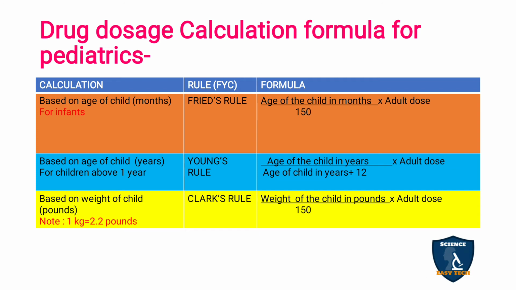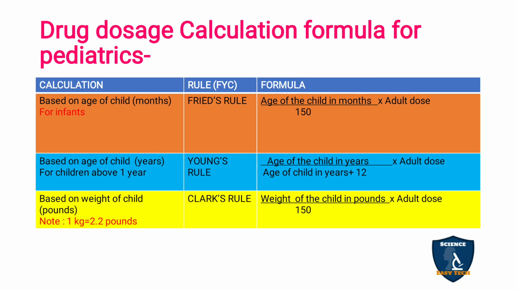So we have seen two formulas based on age: for infants you apply Freud's rule, and for children more than 1 year you apply Young's rule.